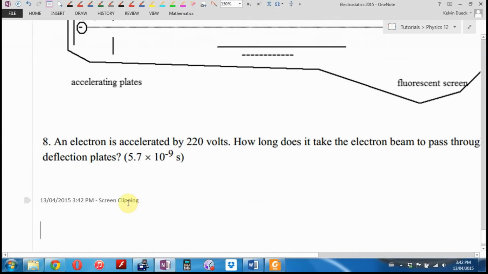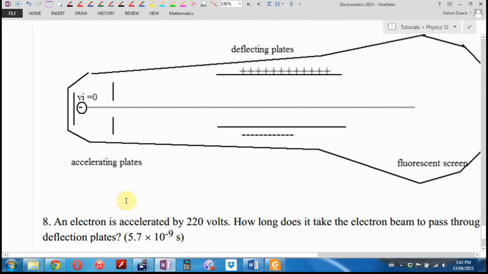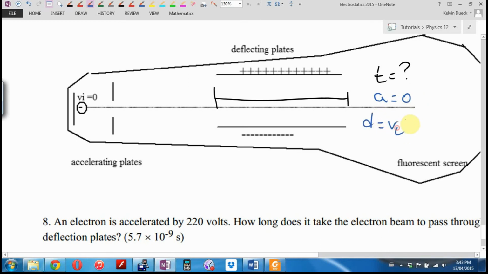Here's what it's saying. It wants to know how long it takes the electron to travel that distance there. It wants time. Horizontally, I can do that.